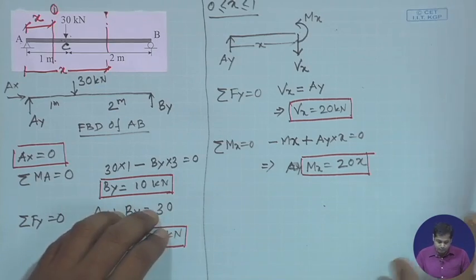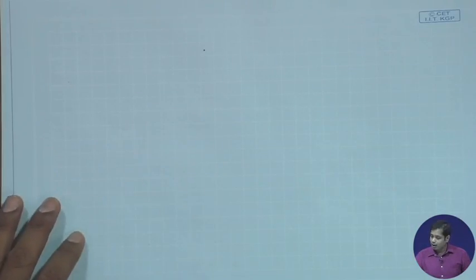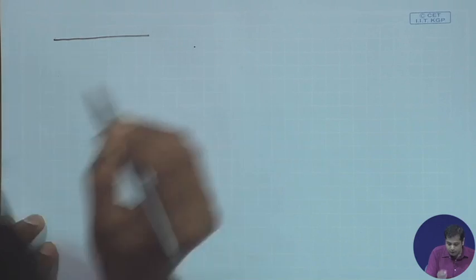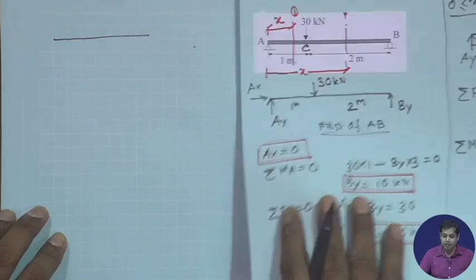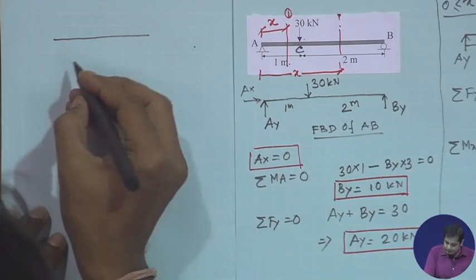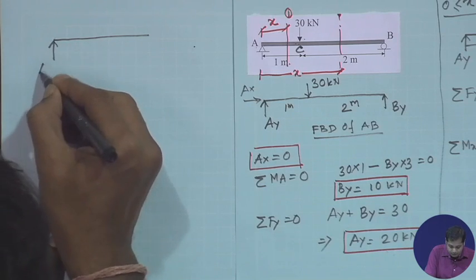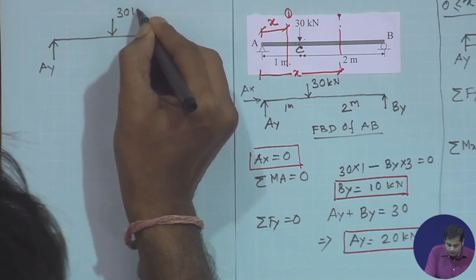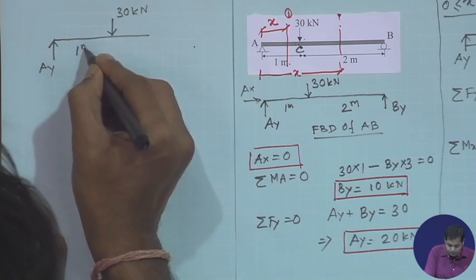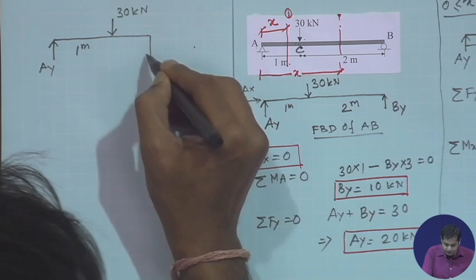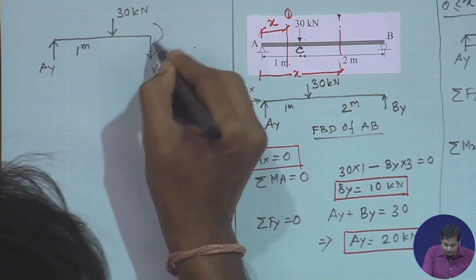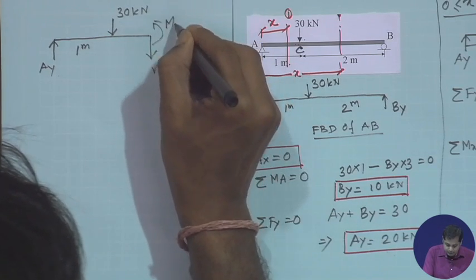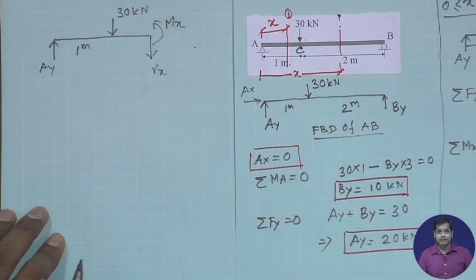So if I draw the free body diagram, this is again Ay, this is 30 kilonewton, this is 1 meter, and then again this is Vx, and then this is Mx, right.